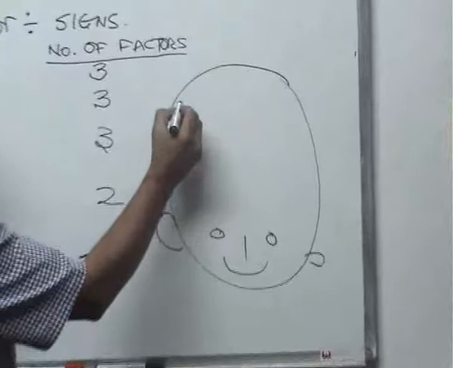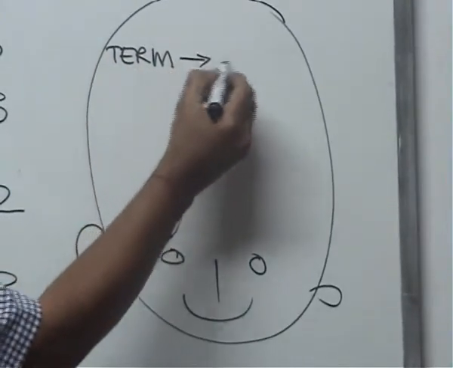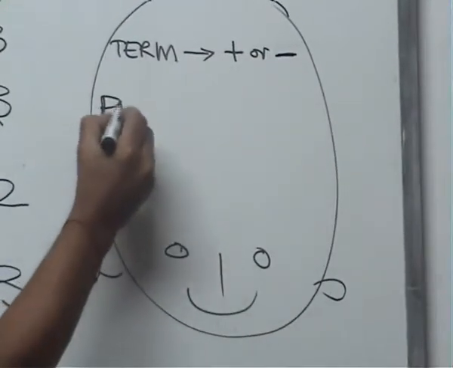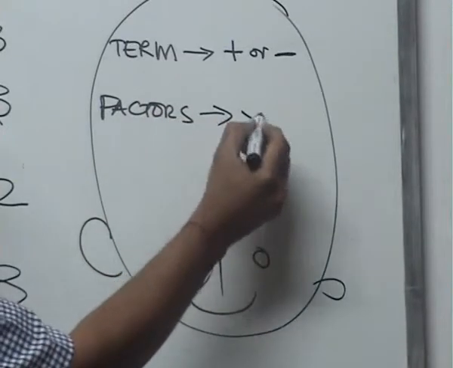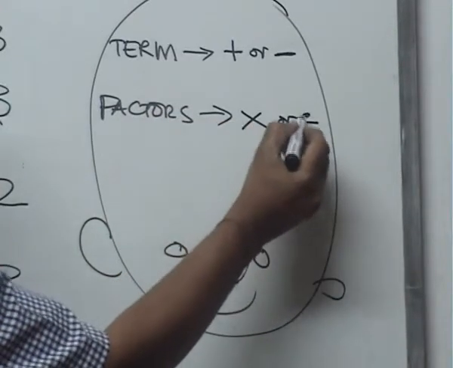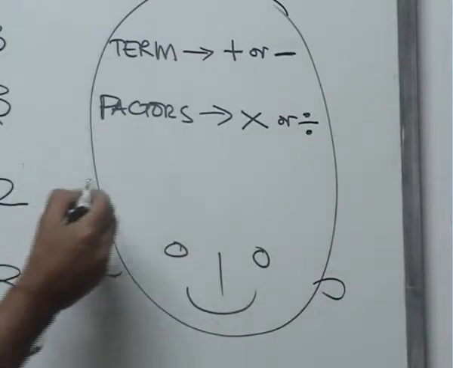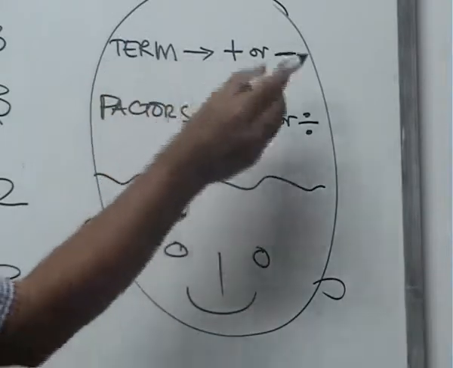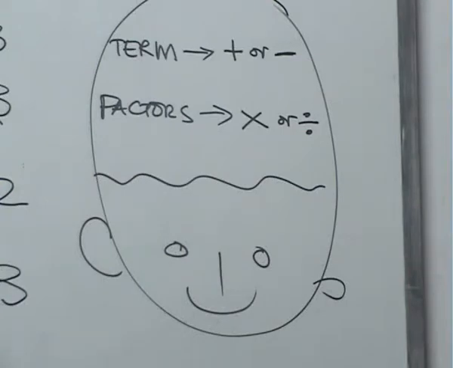And that picture in your mind should have been: the terms I must look for plus or minus, the factors I must look for multiplication or division. That is what you have learned so far, and you must be able to distinguish. Terms are separated by plus or minus. Factors are separated by multiplication or division.